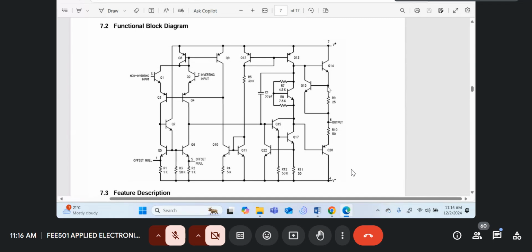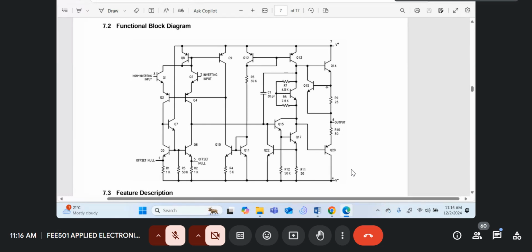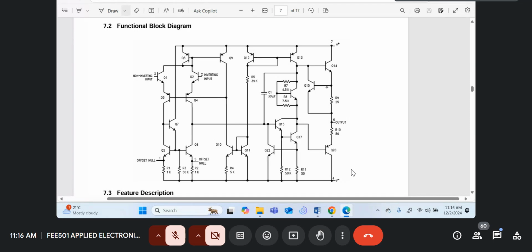There's a difference between the cut-in voltage and the knee voltage. So when this voltage over here reaches the cut-in voltage of silicon, let's assume 0.5 volts.